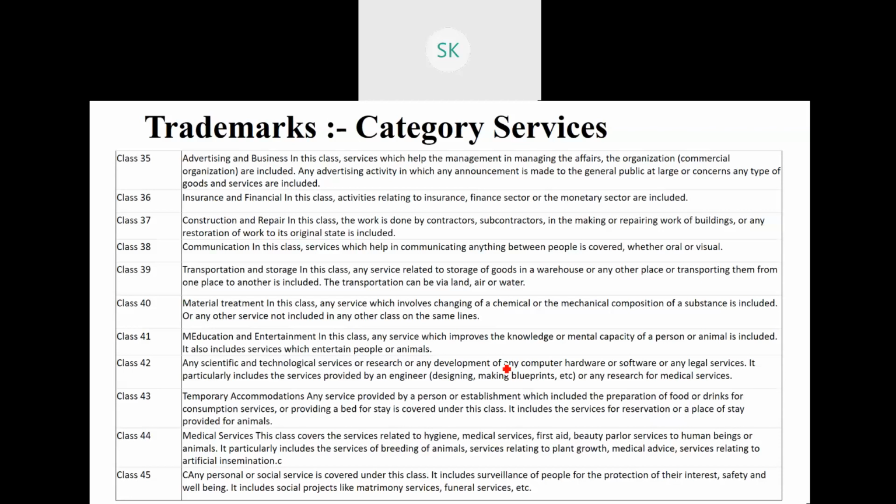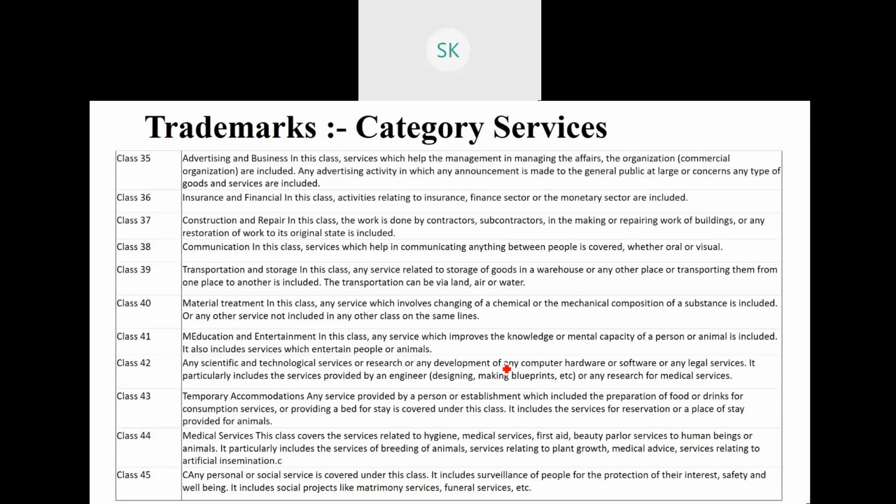Then going towards class 43, temporary accommodations. Temporary accommodations like a student who lives away from home in a city for his education. That's temporary accommodation. Maybe that person is provided with food, drinks, beverage services, consumption services, all the stay facilities he needs.